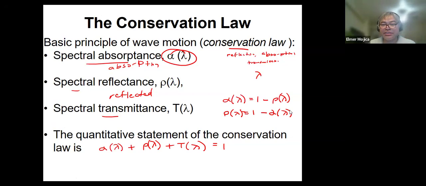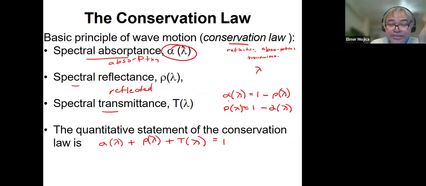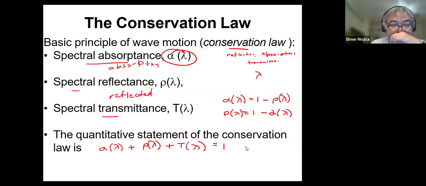And in the absence of any transmission in this second medium, the conservation law tells us that the absorbance is equal to 1 minus the transmittance, the one that you have here, the P. So if the one that is absent is the transmittance, in the absence of any transmission in the second medium, the conservation law tells us that this is what you have.